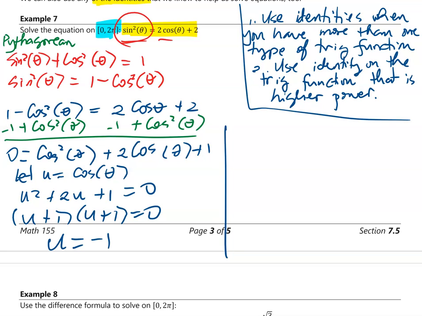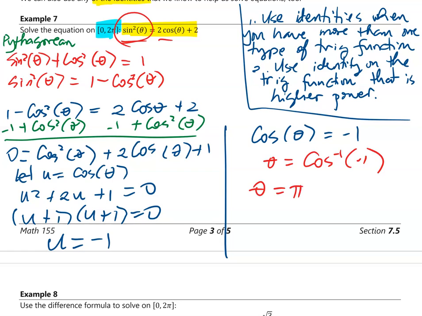Let u is equal to cosine theta, so cosine theta is equal to negative 1, and then inverse cosine of negative 1, and that is going to be pi. So the solution set is pi.